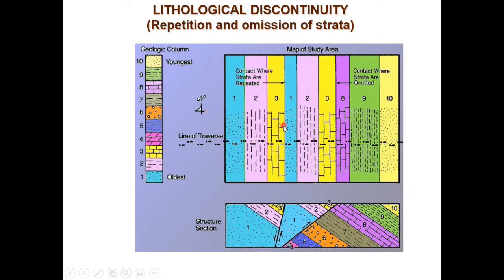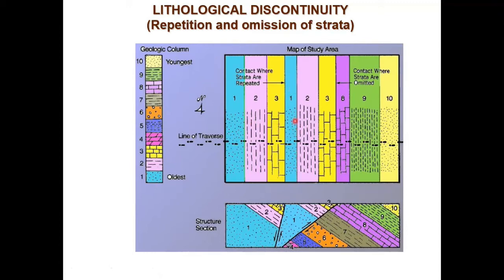And after this point, we have this older unit exposed again. After the deposition of 1 and the deposition of 2 on top of that, and the deposition of number 3 on top of 2, there is no way we can add more number 1 on top of 3, because the deposition of number 1 is done, and then it's covered by number 2 and 3.